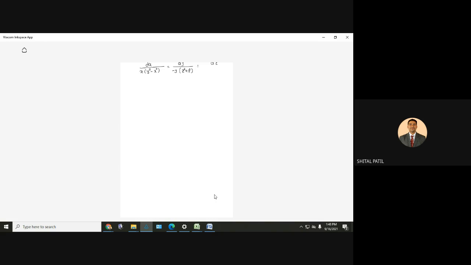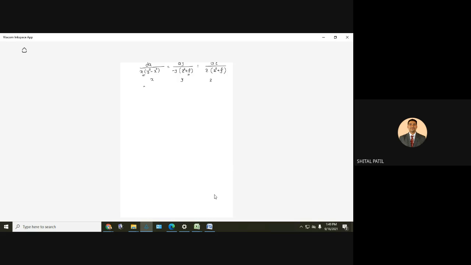For example, take the terms in x y: in the denominator here we have x y square and here x square y. Their degrees are different. The degree of x in one case is 1 and in the other case it is 2, so how will it work? So say I multiply everyone by x, y, z.